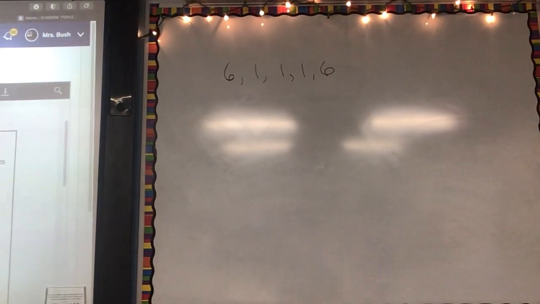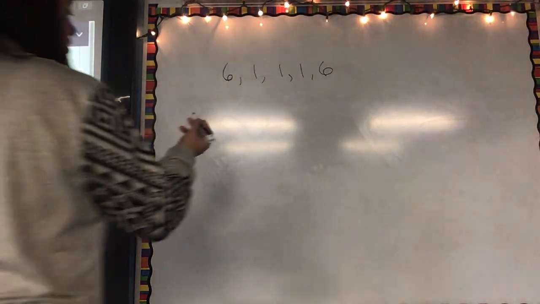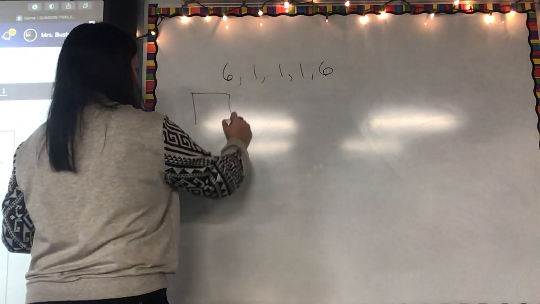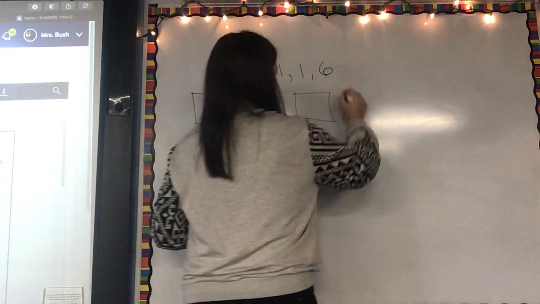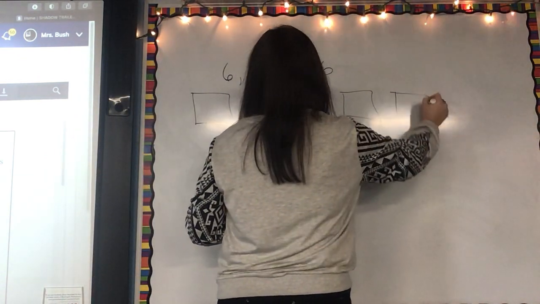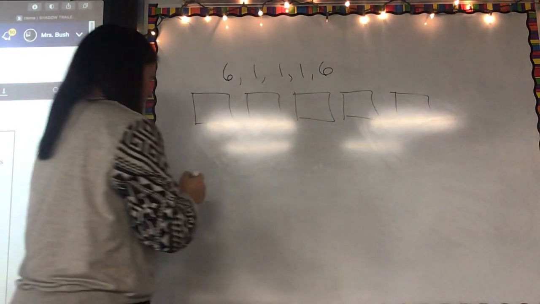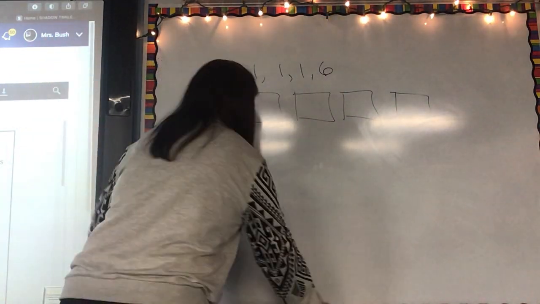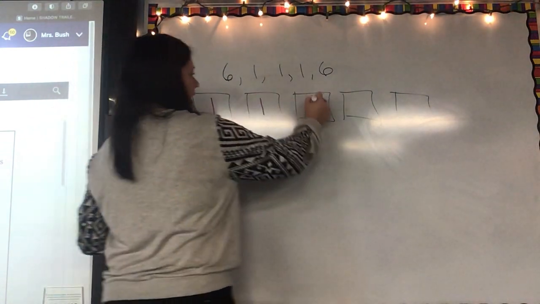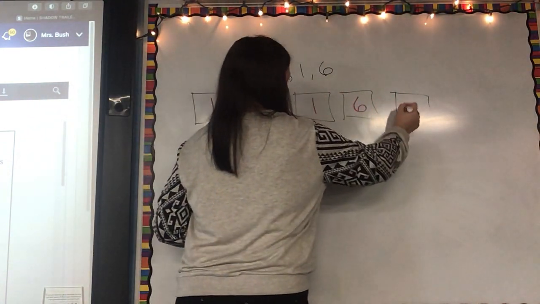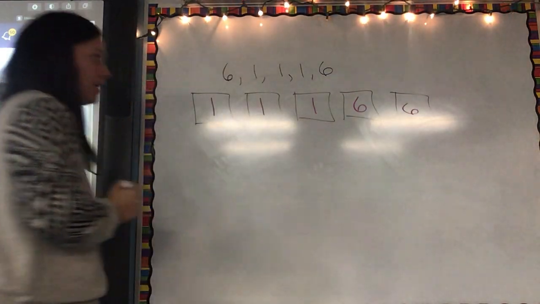So if you are not printing your worksheet and you're leaving it like this, 2, 3, 4, 5. All right, least to greatest. This is easy, right? How many 1s did I have? 3. And then I had my 2 6s. Very nice. So that's what we have so far.